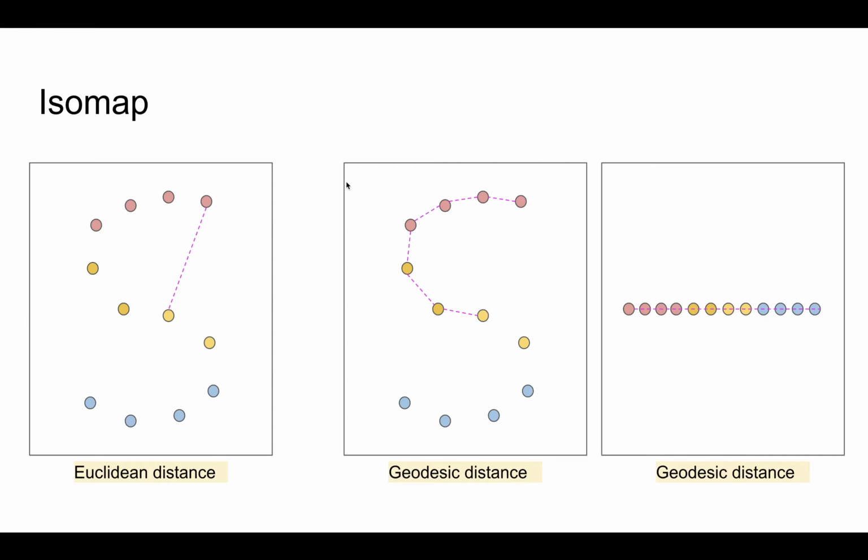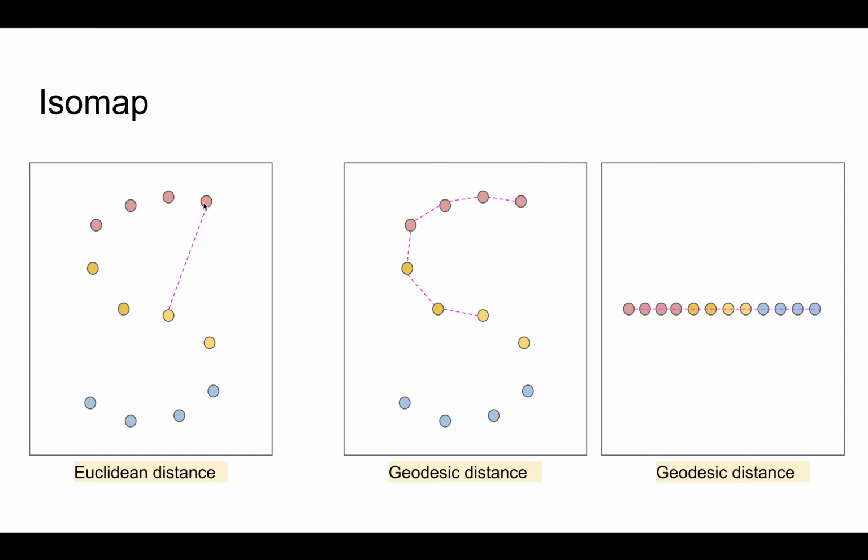So one of the methods is Isomap, and in Isomap, as we can see here, if the idea is to find the distance between this red point and this orange point, one way we could do that is by Euclidean distance, which would be the straight distance from here, but that's not exactly representative of how the data points lie in that particular space.